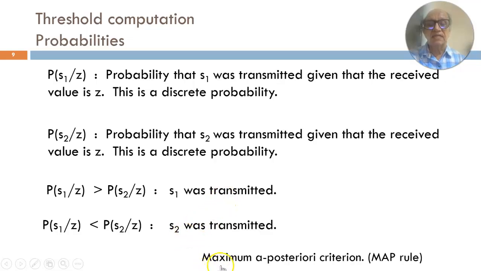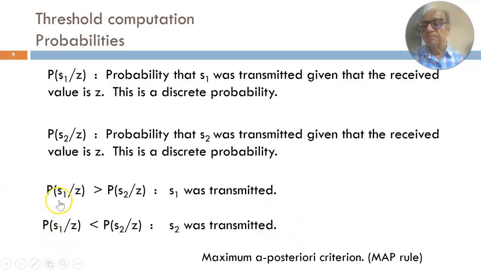And this is called the MAP rule or maximum a posteriori criterion. A posteriori means that considering that the received value was Z, the probability of S1 has a certain value. That is why it's called a posteriori. So it's basically a conditional probability, and these two inequalities together are called the maximum a posteriori criterion, or the MAP rule.